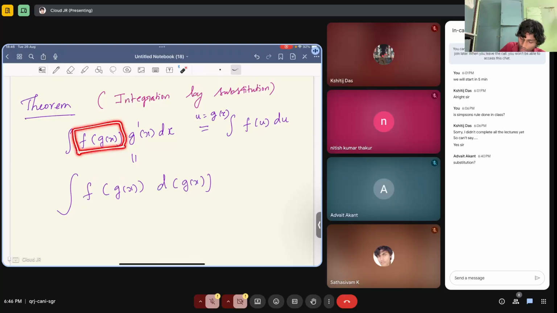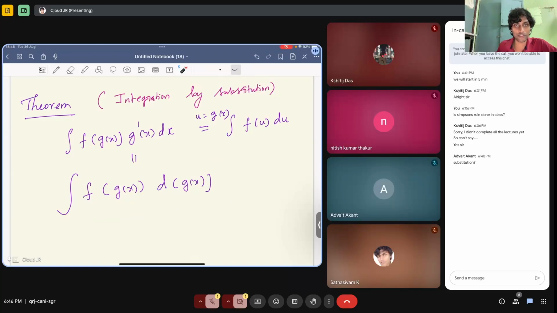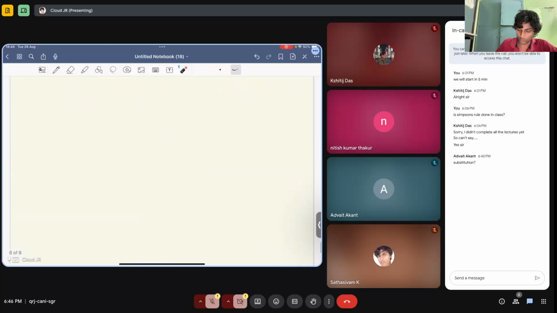Instead, you can see f as a function of g of x. In some sense we are trying to reverse the chain rule. So let's do some more interesting problems here.